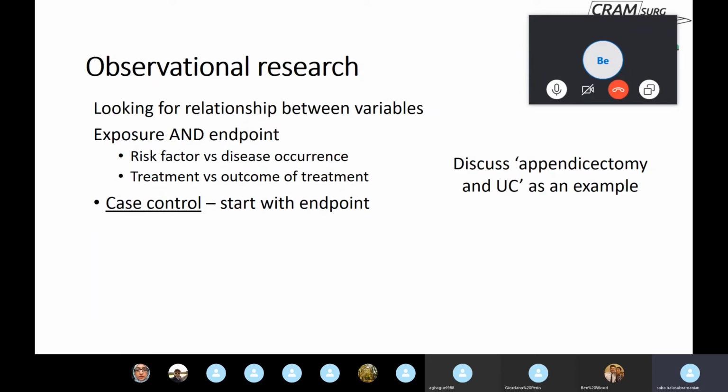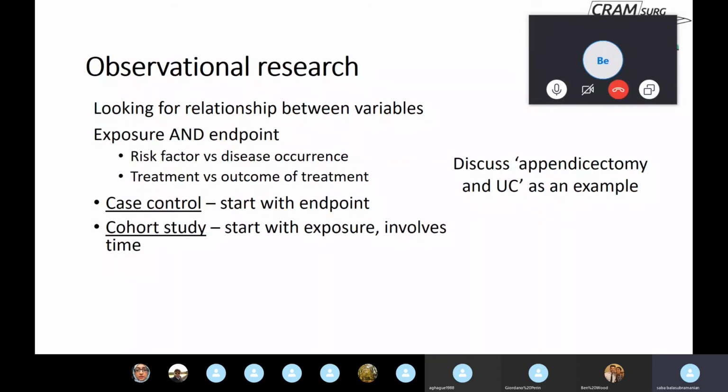And you look back to see if they've had appendicectomy, or in other words, if they've been exposed to appendicectomy. And then you compare the relationship between the risk factor and the occurrence of disease. So that's a case control study. I'll talk about it again in a minute.